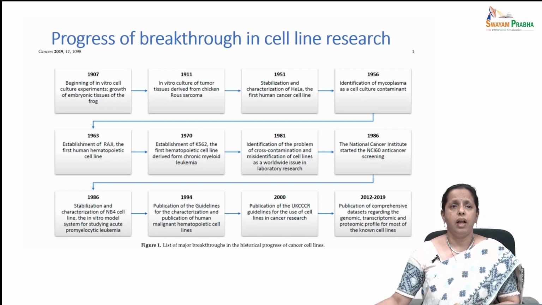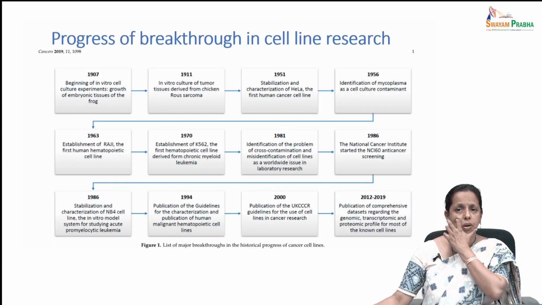And then there is the establishment of the Raji cell line, which is the first human hemopoietic cell line. Raji is a Burkitt lymphoma cell line, and it is the first human continuous hemopoietic cell line.